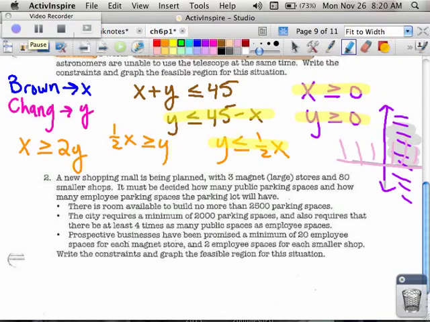In number 2, a new shopping mall is being planned with 3 large stores and 80 smaller stores. We have to decide how many public parking spaces and how many employee parking spaces the parking lot will have. So as we talk about that, one of the things that I'm going to talk about right away is my public parking spots. So I'm going to make X my public spots.